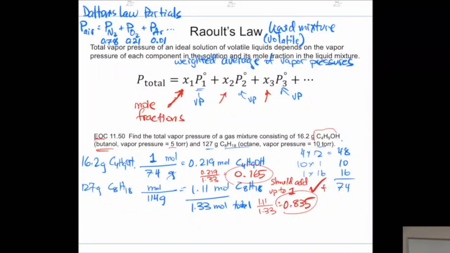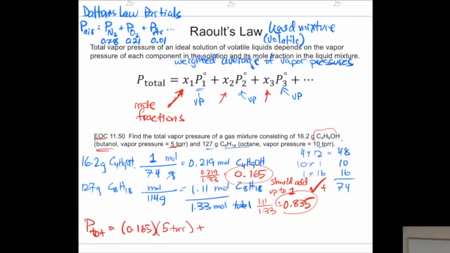Now we have all the information we need to calculate what the total vapor pressure is, because now we can plug this all into Raoult's law. So P total is going to be equal to the mole fraction of butanol, 0.165, multiplied by the vapor pressure of the butanol, given as 5 torr.